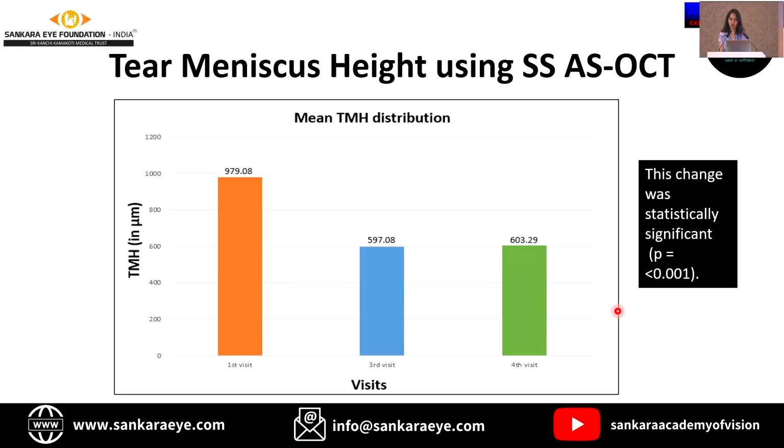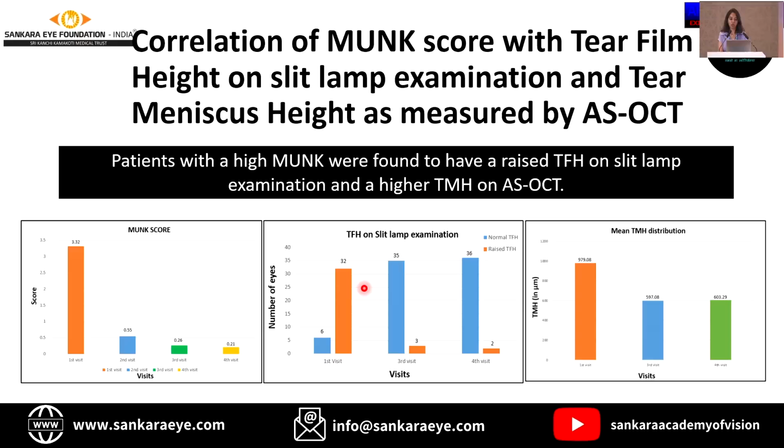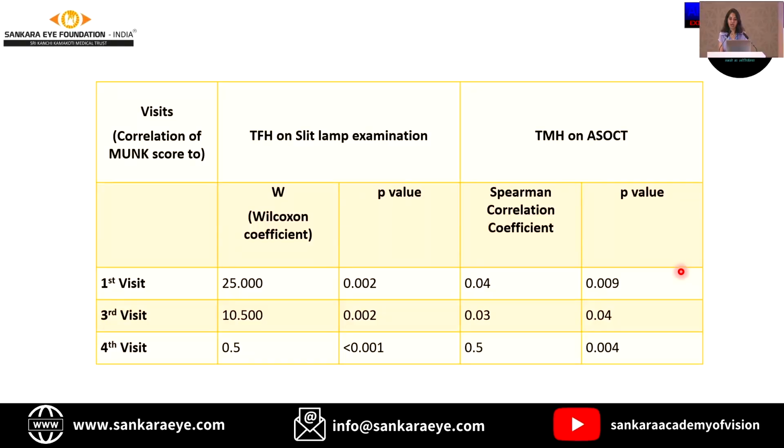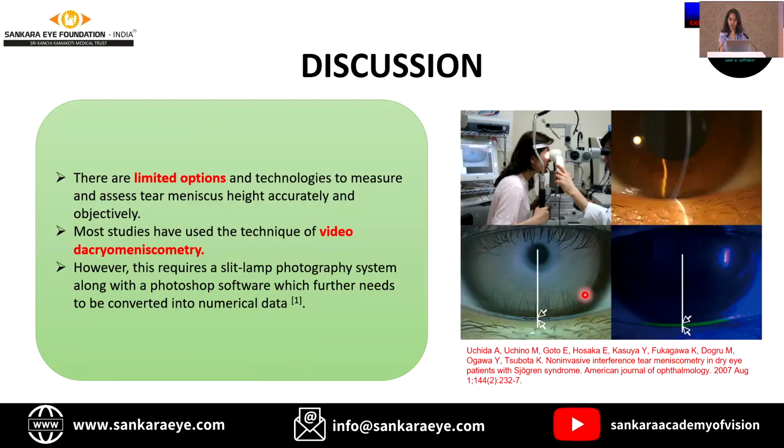The same was found for tear meniscus height measured using an anterior segment optical coherence tomography, with a significant drop from the first to the third visit, and it remained nearly constant from the third to the fourth visit. This is the graphical correlation between Munk score, tear film height, and tear meniscus height, and all these values were statistically significant using the various correlation coefficients as well.